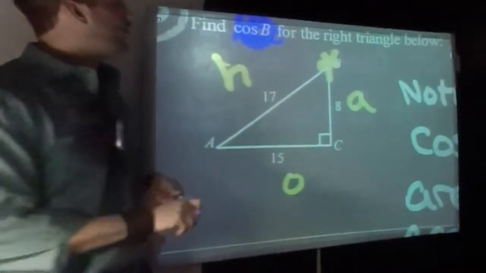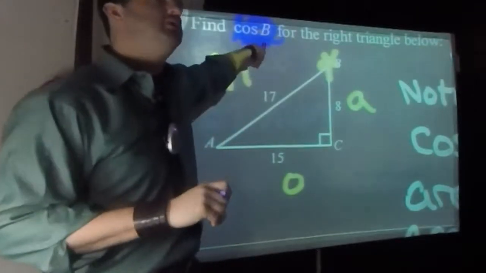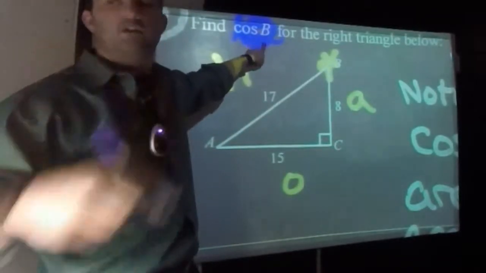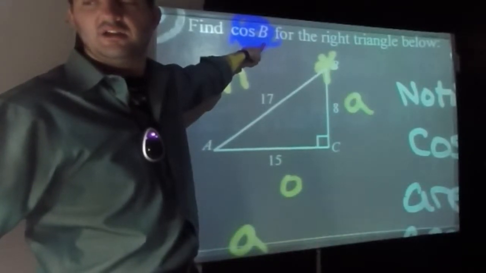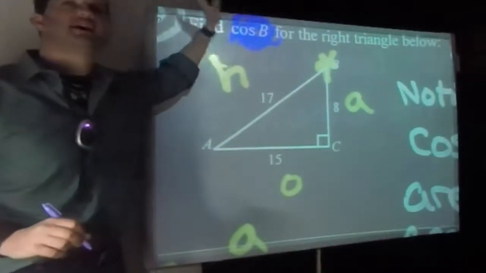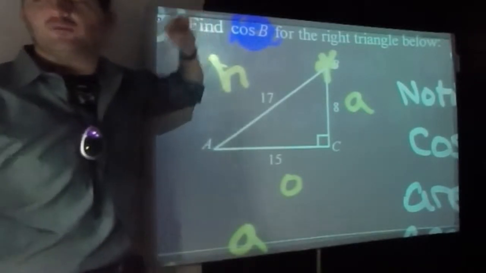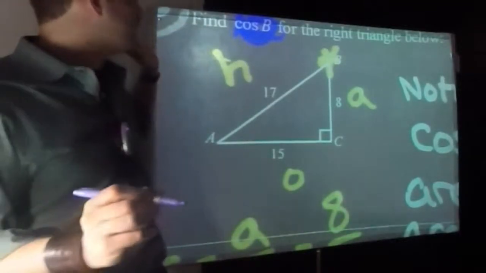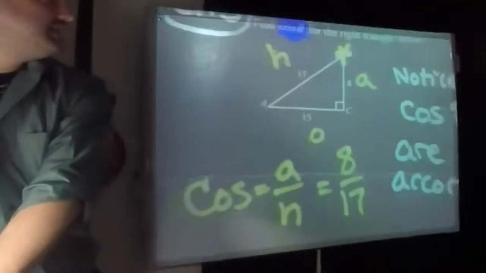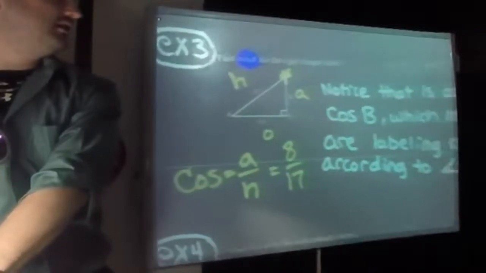Now, we're trying to find cosine. Cosine is what over what? Adjacent over hypotenuse. So what is my adjacent? 8. What's my hypotenuse? 17. That is not going to reduce. That is the answer. But what's so different about the B?